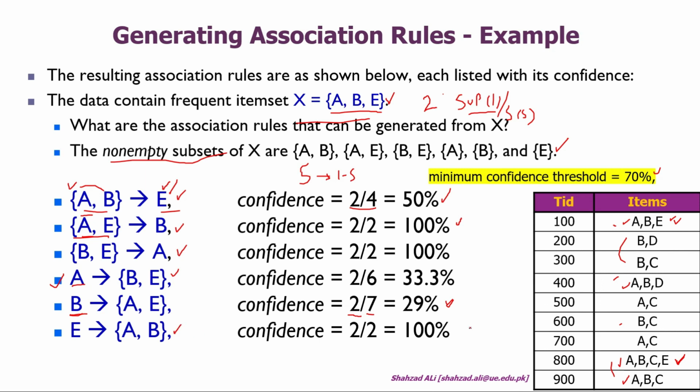But if we consider the minimum confidence to be 50%, then only these two rules are discarded, and the other 4 rules will be considered interesting or important rules, or you can say these 4 rules are useful.